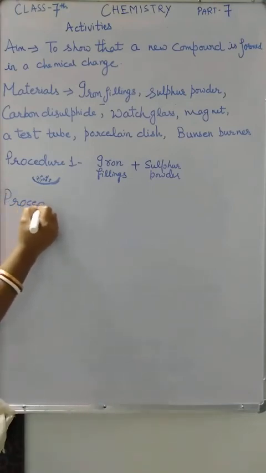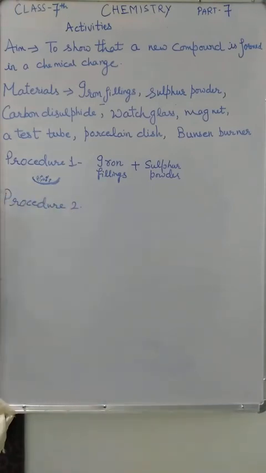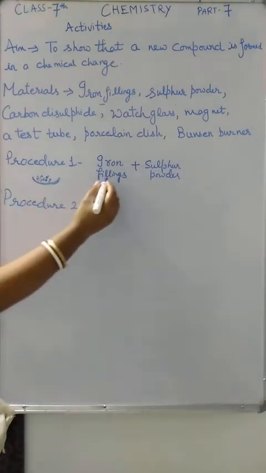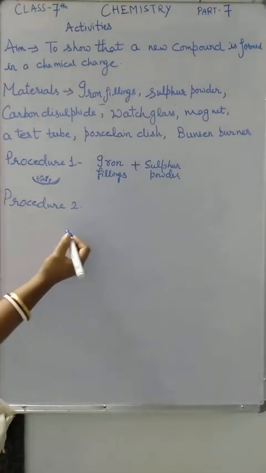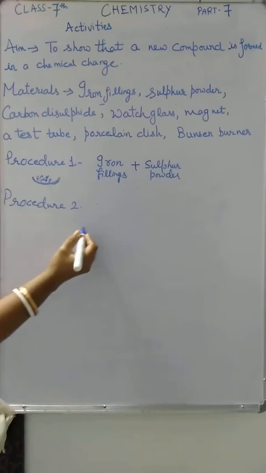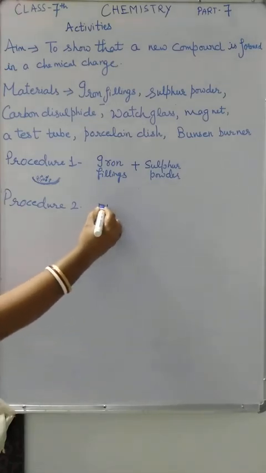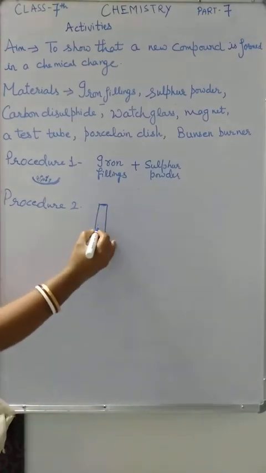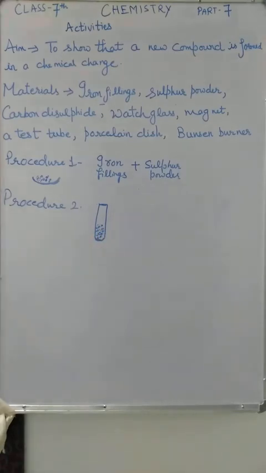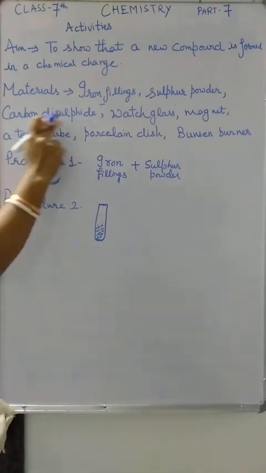Procedure number 2. In this, what you have to do? You have to take this mixture of iron filings and sulfur powder and put it in a test tube. Now in this mixture you have to add carbon disulfide, CS2.